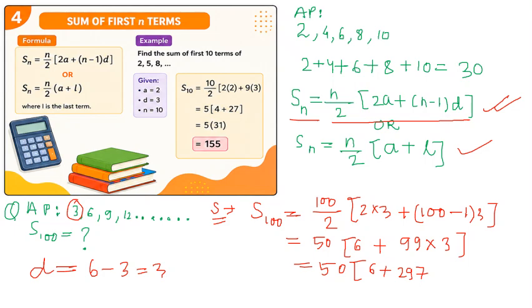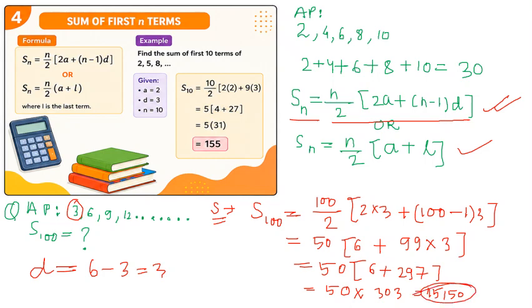The next step is that we add this: 50 multiplied by 6 plus 297. 6 plus 297 is 303. And here we again multiply 303 by 50. So we get 15,150. That will be your answer.